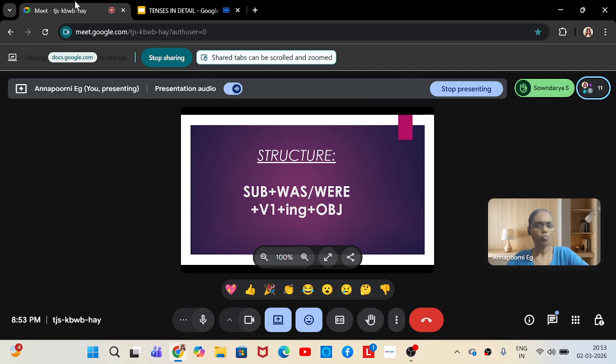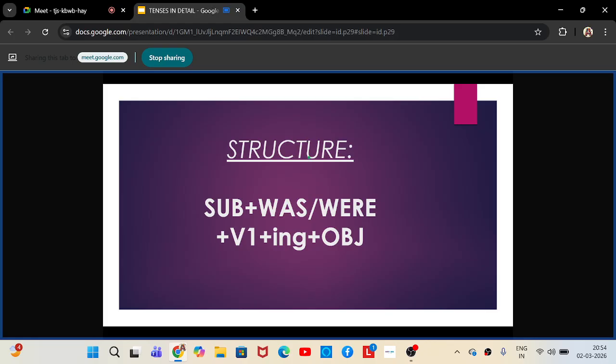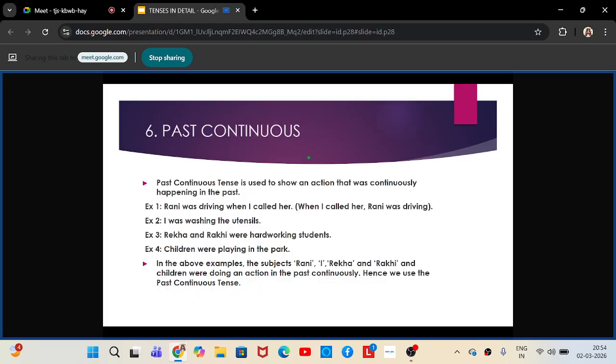No, ma'am. And this conditional clause actually comes under the third conditional statement. If I were. So now you can see the use.